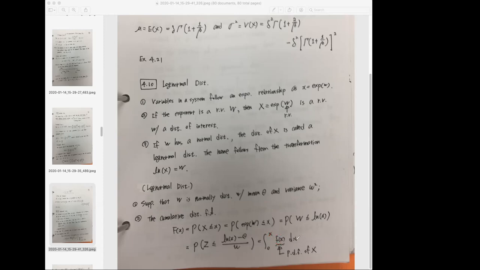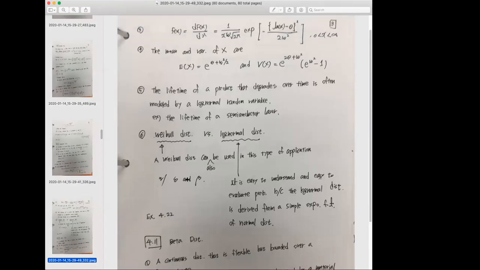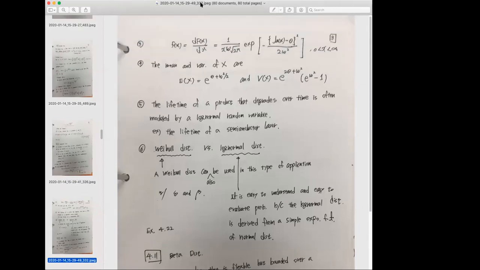So we plug in the formula definition of f of z and calculate that definite integral. Then we get 1 over x times omega times square root of 2 pi times e to the this.